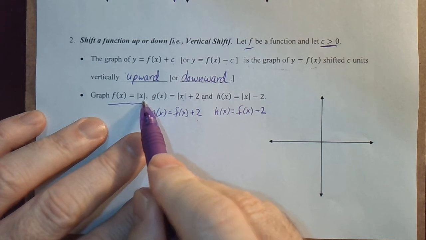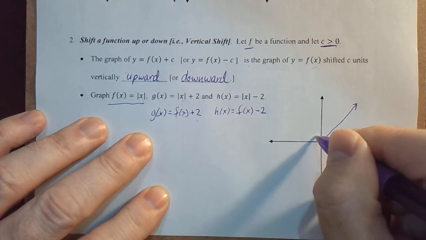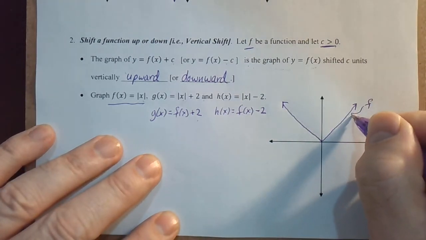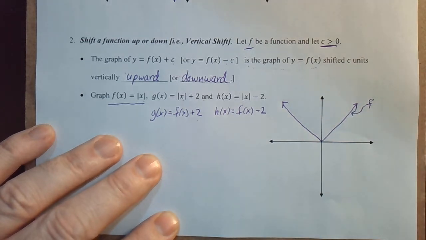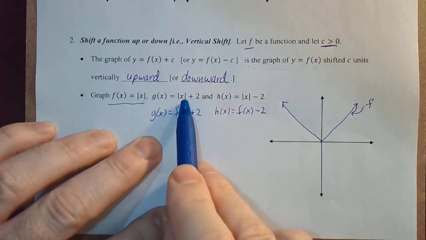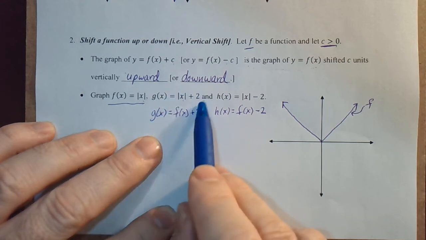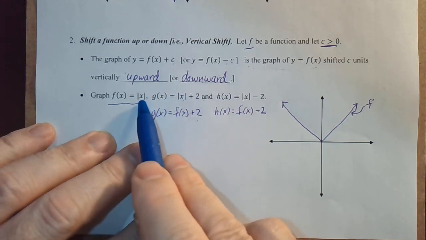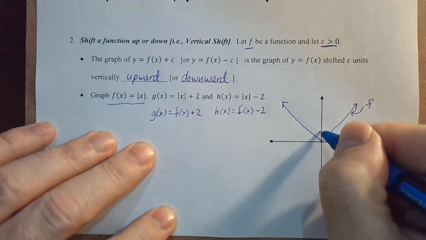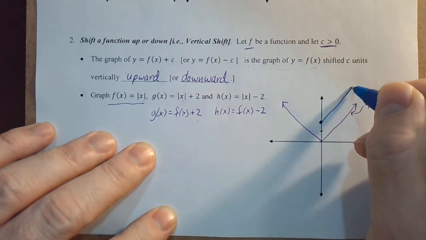So let's do the absolute value function. That's f. And now we're going to go to g. g is the absolute value plus 2. All that's doing is increasing the y value by 2. So we're making this function 2 units higher. So we'll go 1, 2, and it's going to look like this.